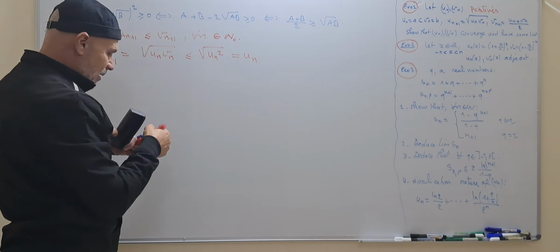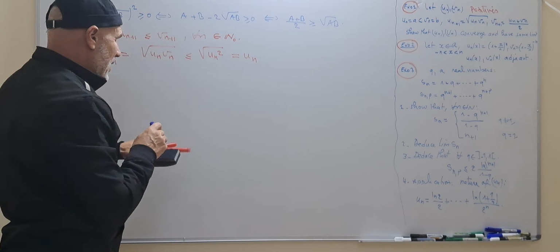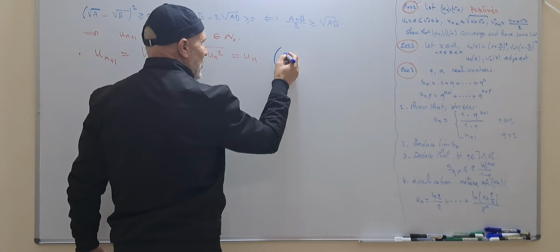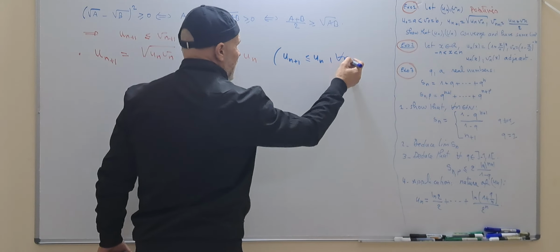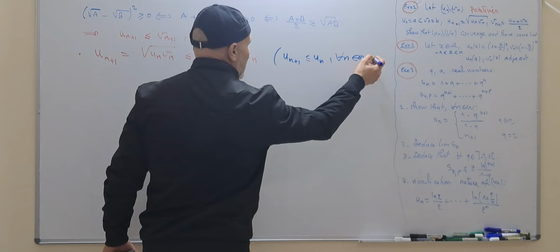This means that un plus 1 is less than or equal to un... for all n in N.